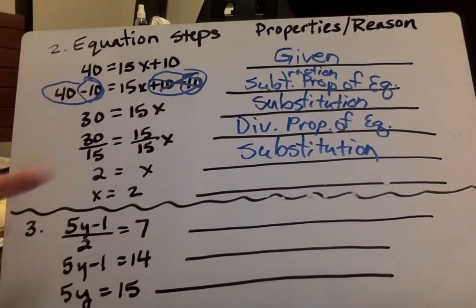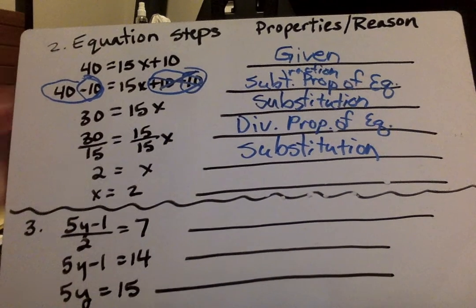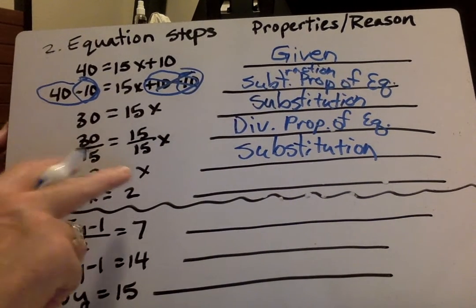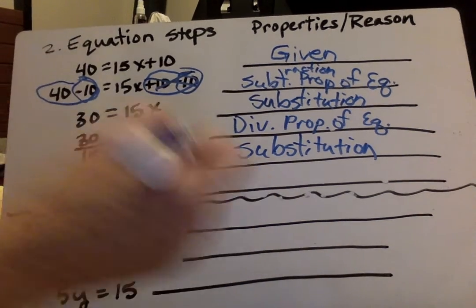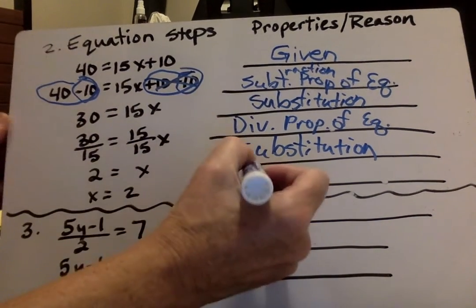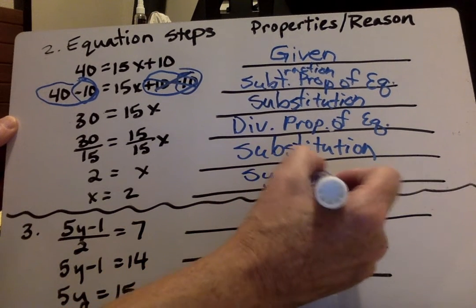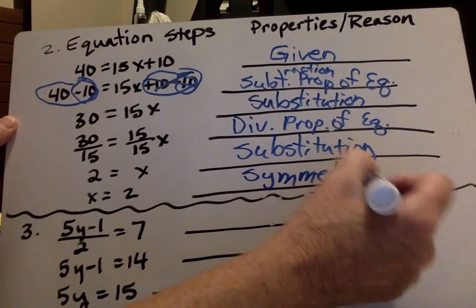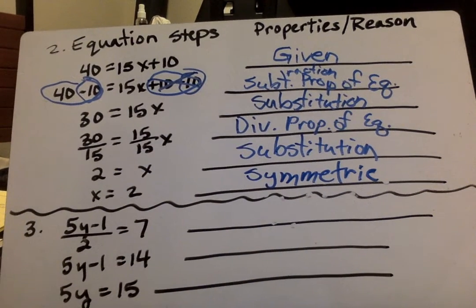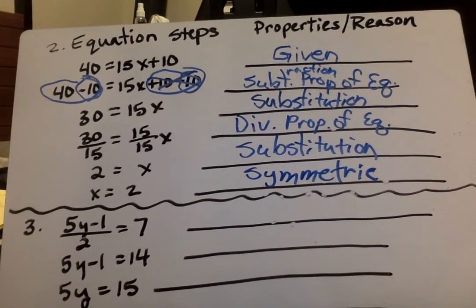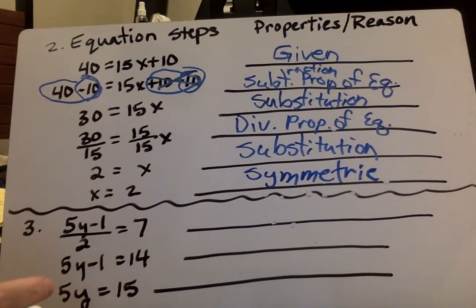Okay. Then having 2 equals x and x equals 2, we haven't talked too much about that, but when they just switch places, it's symmetric. So that's the symmetric property of equality, or just symmetric property. So again, symmetric is when you have 2 equals x and they just flip-flop places. All right, and you're done.